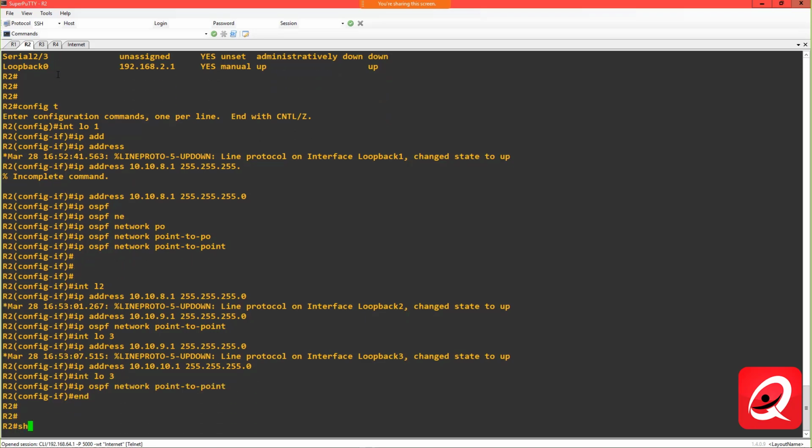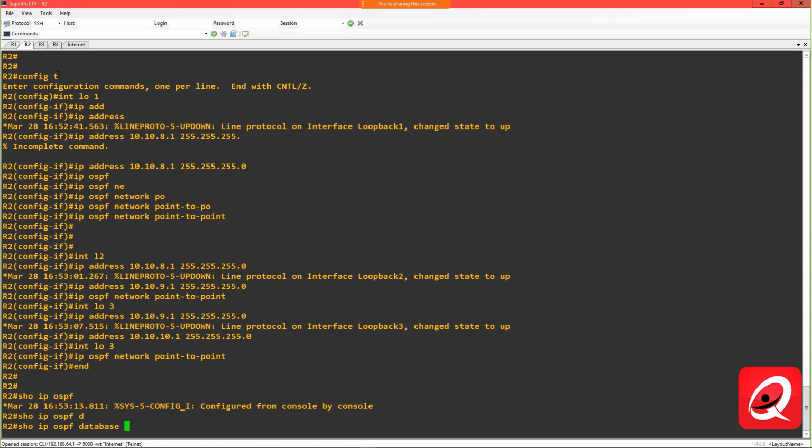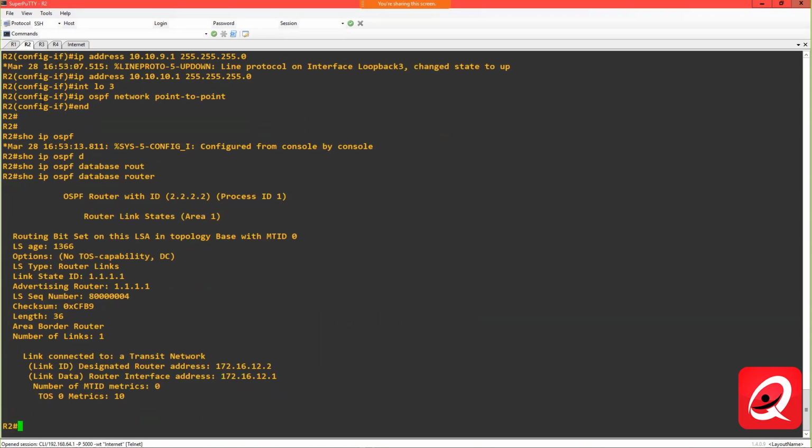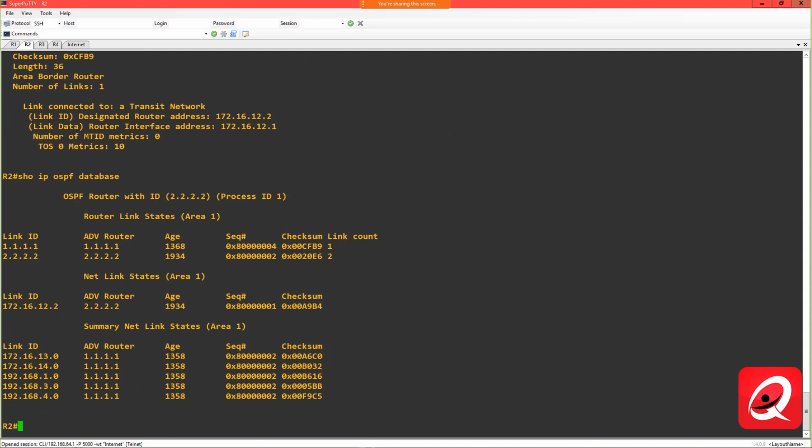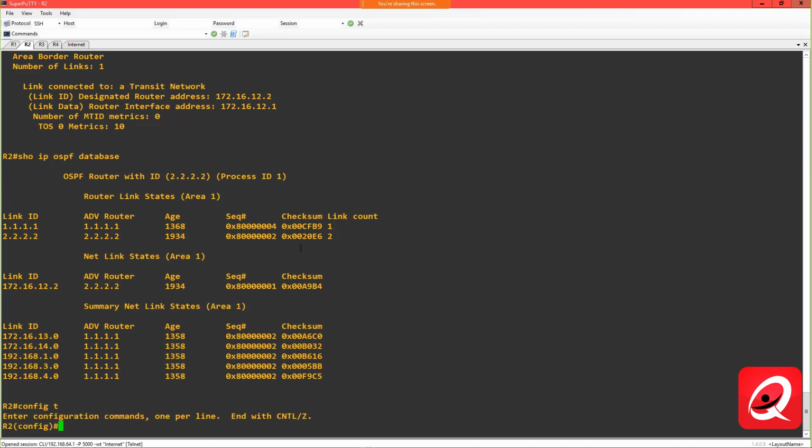All right, so if I do a show IP OSPF database router, I should see, let's just do the summary, I should see that router 2 should have interface loopback... do show IP protocols. I forgot to turn it on.